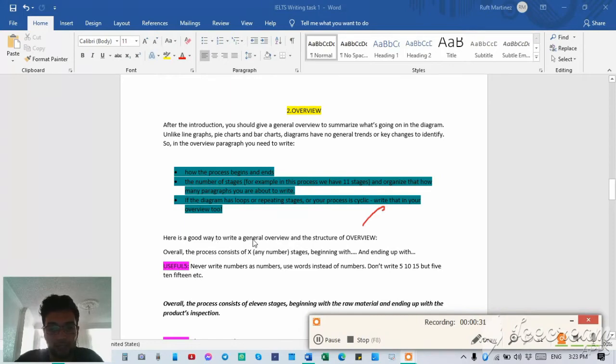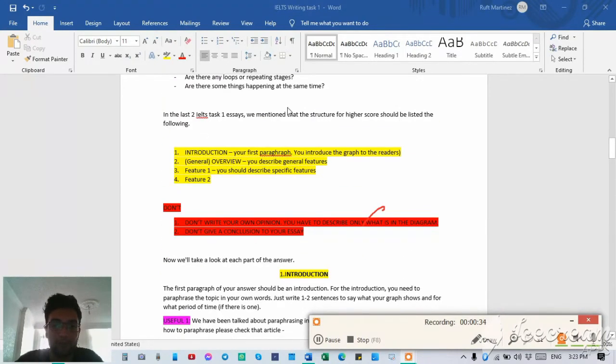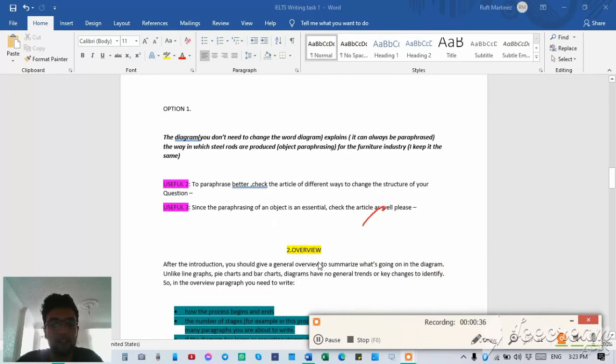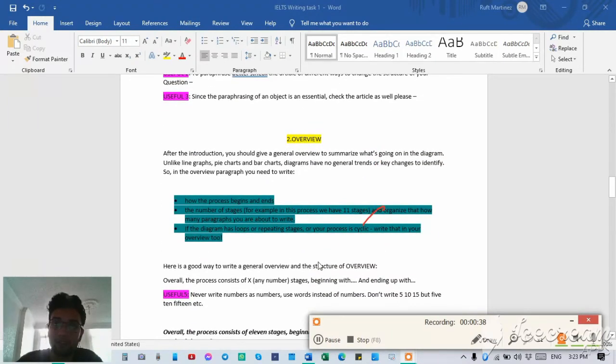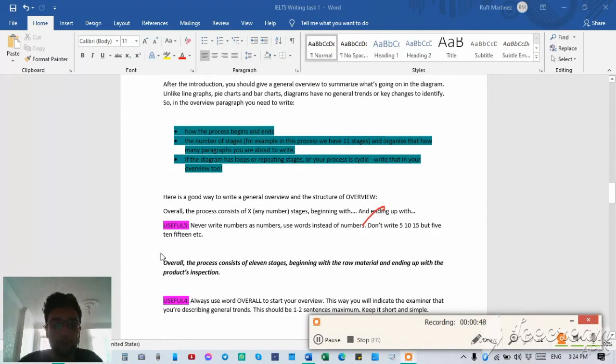So let's write the overview for this question, as per the rule of IELTS Task 1, and just like how we did it in the previous tasks, start with the word overall. It must be like this. This is the structure of how an overall paragraph for a process diagram starts: the process consists of, and then any number.